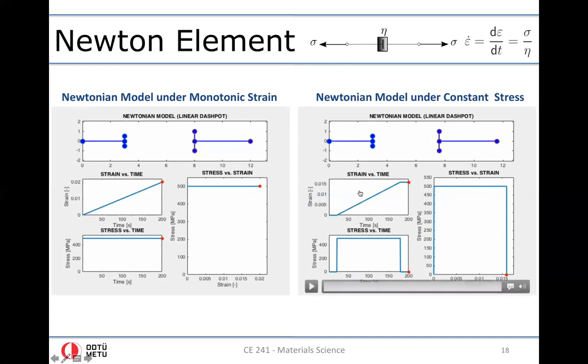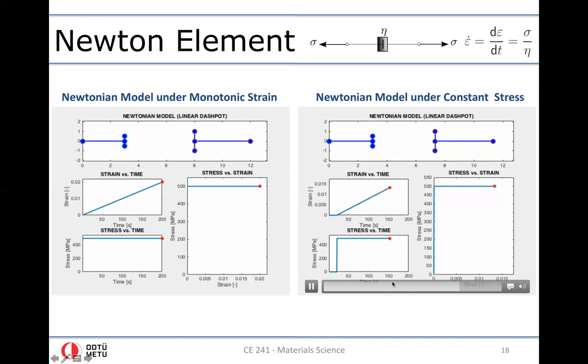And when the rate of the strain is constant, strain varies in time linearly, and the slope of this curve is related to the viscosity. The higher the viscosity, the smaller the slope is. Let's play this again. Boom. Stress is constant, and stress divided by eta is the slope of this curve.